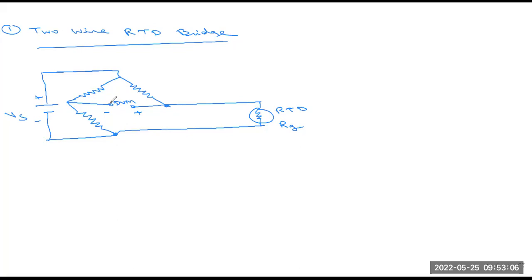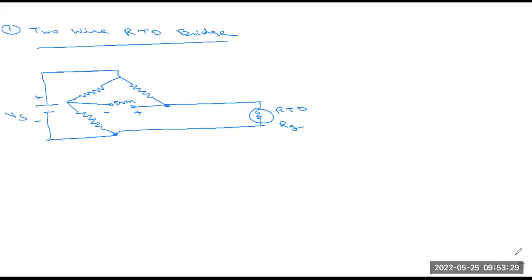These are basically different resistors. The RTD resistance can also be calculated, and the temperature can be determined through this RTD device. So this is basically the figure of the two-wire RTD.